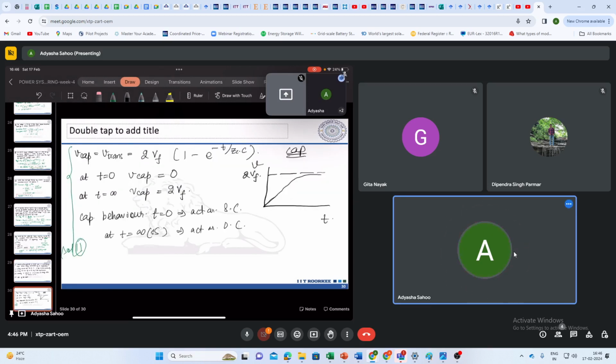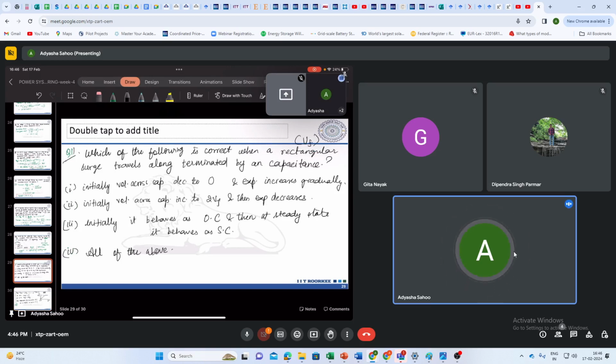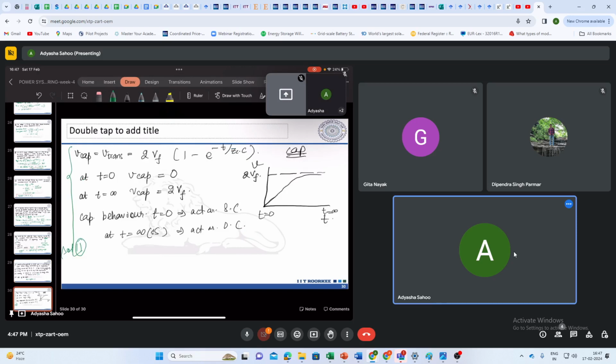Initially it is 0 at t equal to 0, and at t equal to infinity, so initially it decreases to 0 and then exponentially increases gradually. We can add 2 times the incident. So this is correct. This is wrong, same. So answer is option 1. Now let us solve one more question.